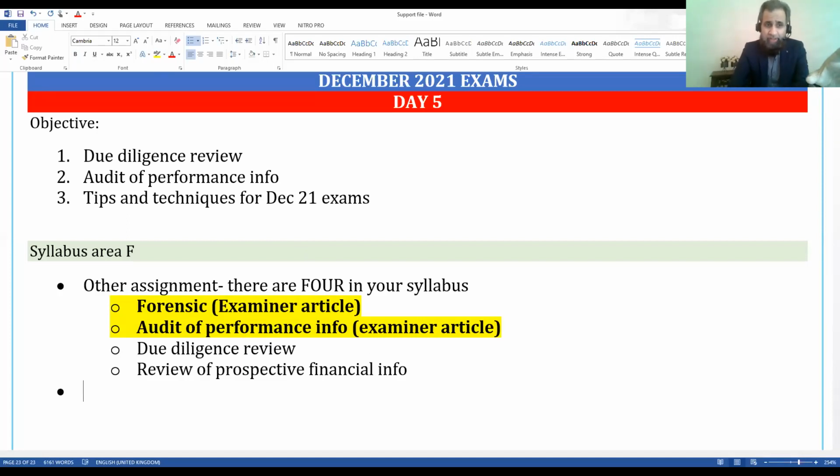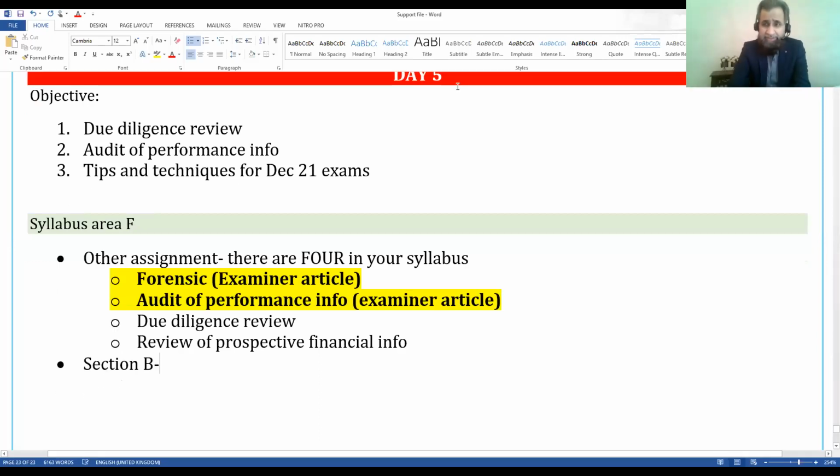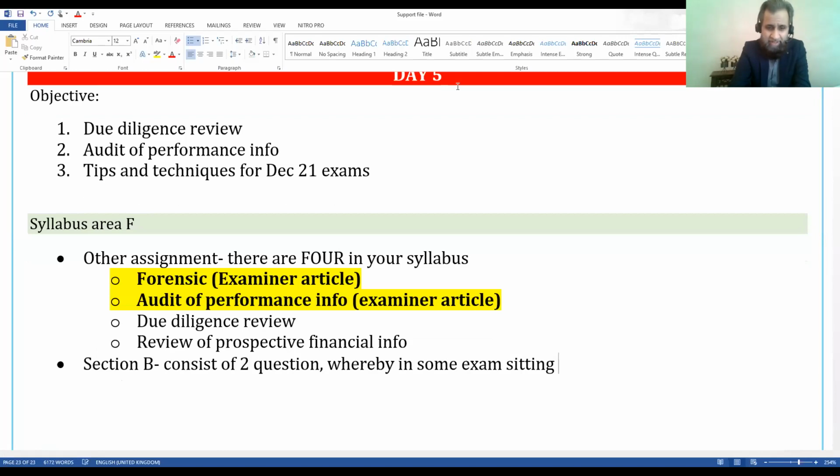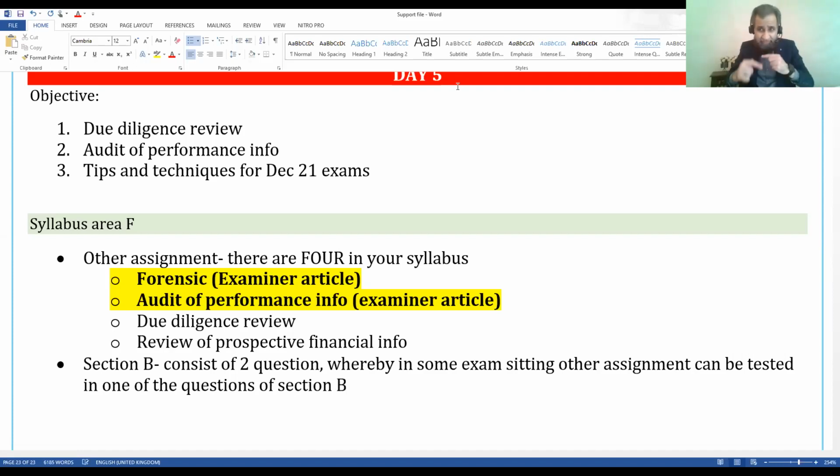When you move further into the syllabus area F and you look at how it comes to your exam paper, section B. When you look at section B of the syllabus of your AAA paper, section B consists of 2 questions, whereby in some exam settings, other assignments can be tested in one of the questions of section B. Now, it's not every exam sitting.